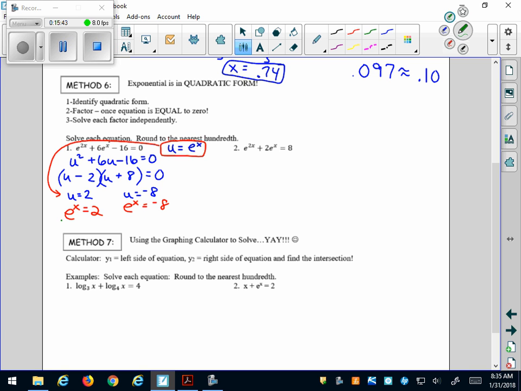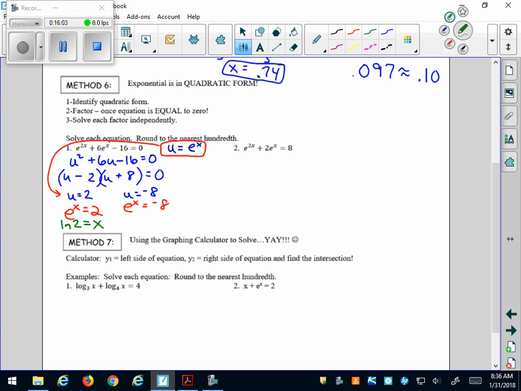Rewriting this in natural log form is ln of 2 equals x. Taking the natural log of both sides will get you the exact same thing. So x equals the ln of 2.